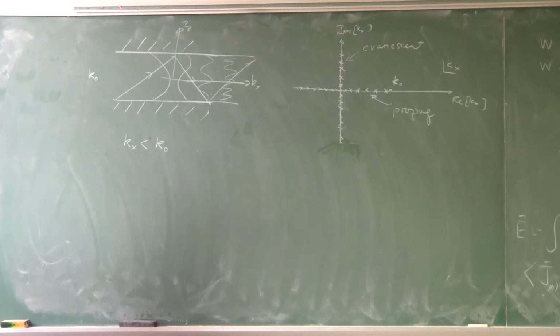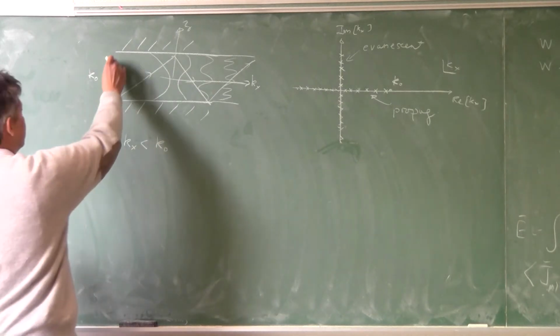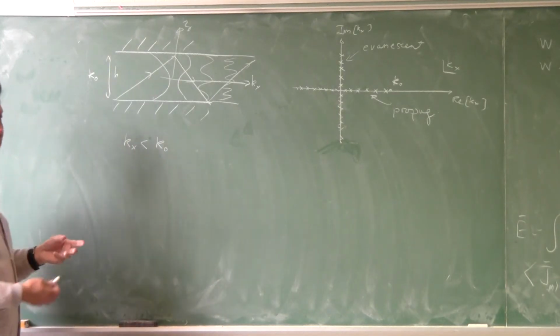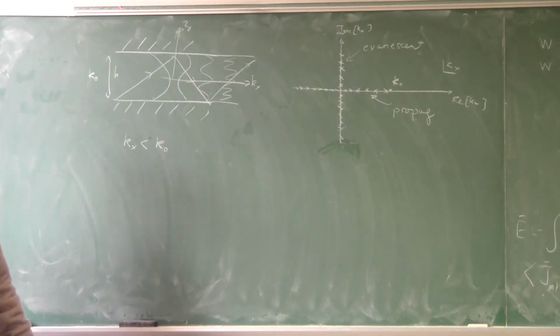How do we connect this to what we have learned in chapter 2? What happens if you make the spacing h larger and larger? What happens to this distribution of modes? If we pull the parallel plate apart, what happens to them?